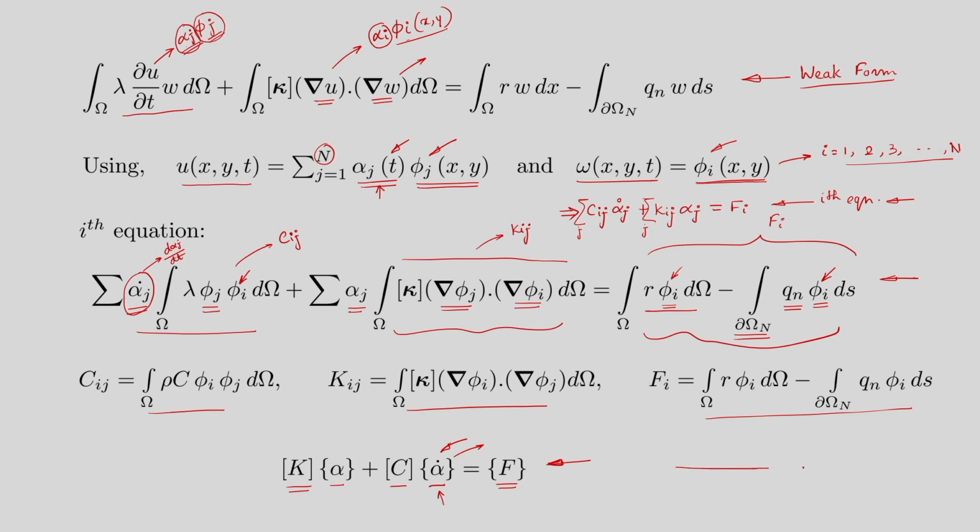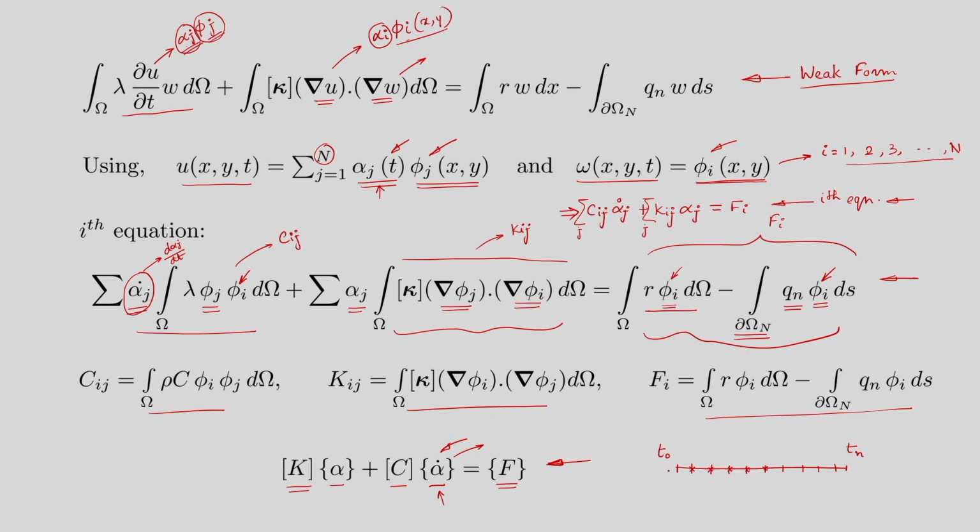Suppose I want to solve this problem as time varies from t0 to tn, alright. So, I need to know how the temperature distribution in the domain is changing with time. I need to know the temperature variation over the whole domain as time proceeds. So, instead of finding the solution at all possible time instances, we divide the time domain of interest into some intervals, alright, and obtain the solution only at those particular time instances.